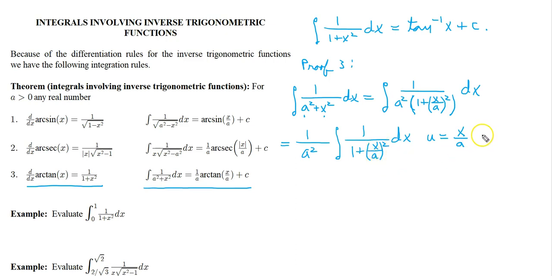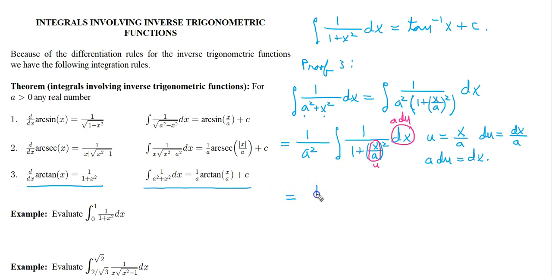So then du will be dx over a, and moving the a over here, we then get that. There we go. Now let's do all of our substitutions here. So we see that this piece right here, the x over a, that will become a u. The dx, that will become a du.